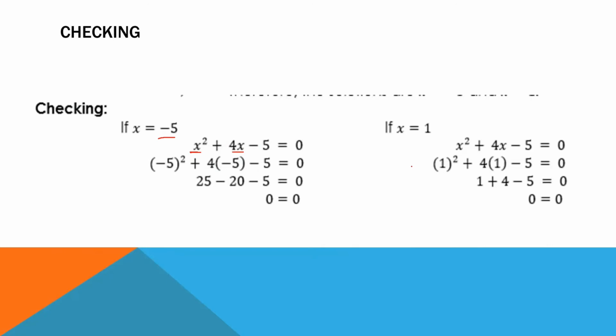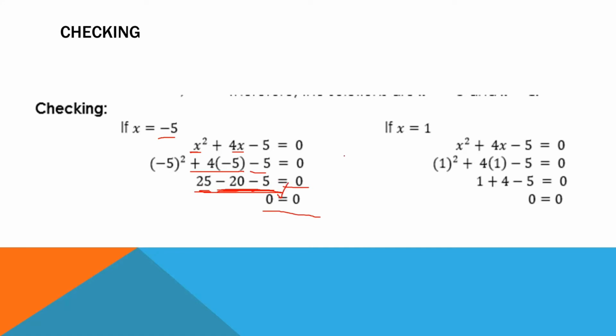Then negative 5 squared is equal to positive 25, and positive 4 times negative 5 is equal to negative 20, minus 5 is equal to 0. And then simplify natin ito. So 25 minus 20 is equal to 5. Then 5 minus 5 is equal to 0. So therefore, the value of x, which is negative 5, is true and correct.